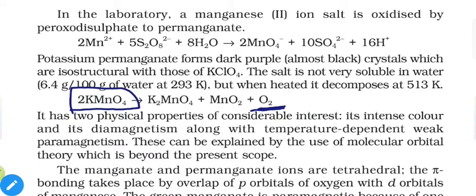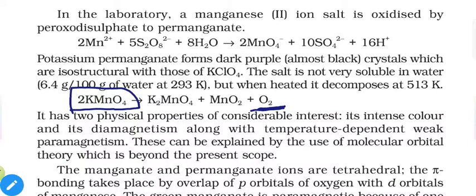It has two physical properties of considerable interest: its intense color and its diamagnetism, along with temperature-dependent weak paramagnetism. As mentioned, it has an intense color. That means a very small amount of potassium permanganate can give us very dark, intensely colored compounds or solutions.